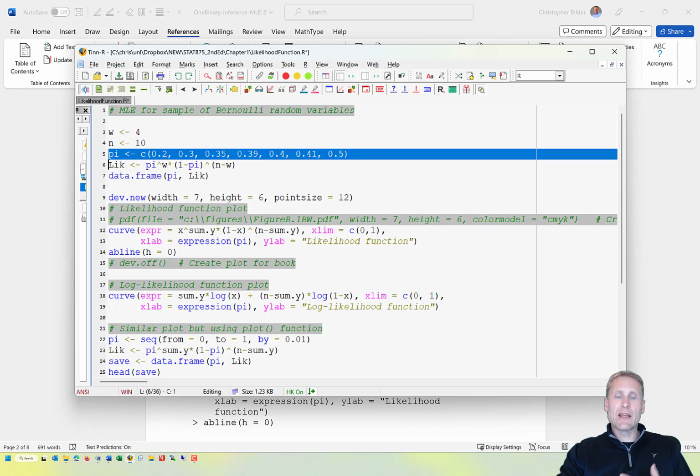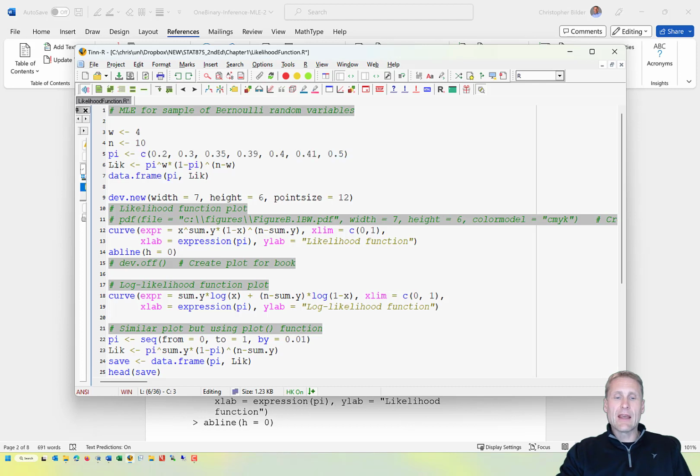And then I'm going to look at, let's say, particular values of pi, like what we saw in that table. And then to find my likelihood function, I'm going to create an object called LIK, for lack of a better name. It's going to get the results from, take pi raised to the w power times 1 minus pi raised to the n minus w power.